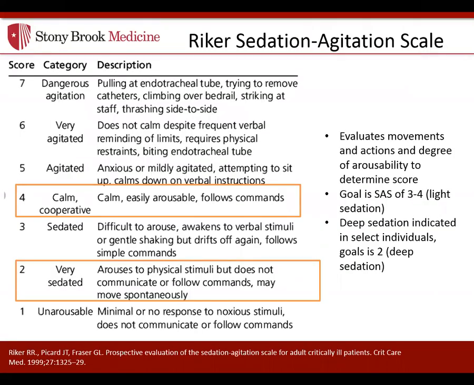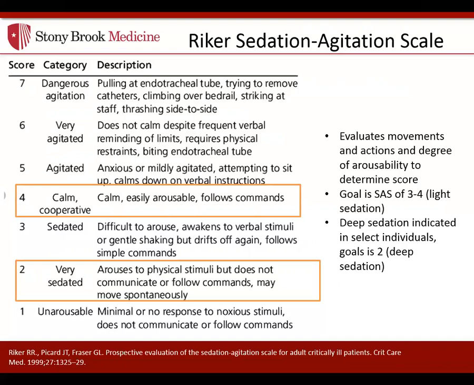All right, and so first off here, we have the SAS, or the Riker Sedation Agitation Scale. It is a scale of 1 to 7, with the higher numbers reflecting greater levels of agitation and lower reflecting greater levels of sedation. Typically, our goal in the ICU would be a 4 or a 3 if they're sedated, and if we want to target for deep sedation, then our goal is 2.